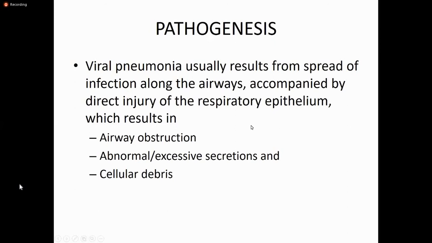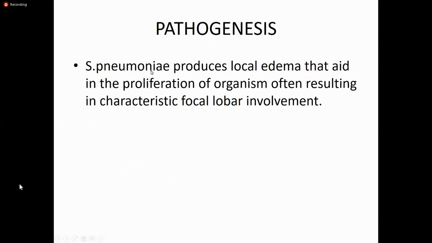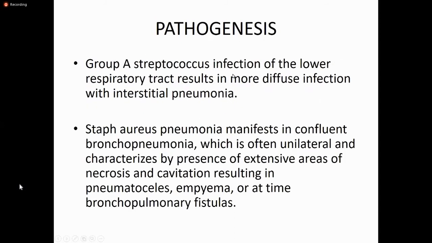So viral pneumonias usually cause diffuse injury, and there will be bilateral infiltrates if we see the X-rays. On the other hand, Streptococcus pneumoniae usually causes lobar pneumonia. Group A Streptococcus infection, again, causes more diffuse infection of the respiratory tract.